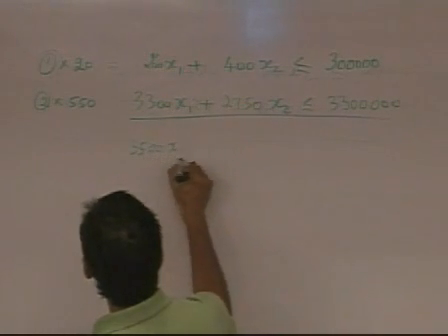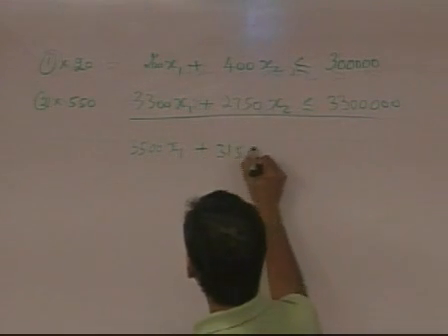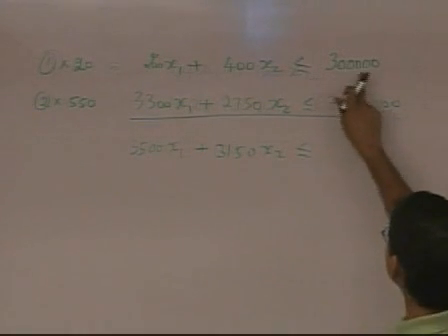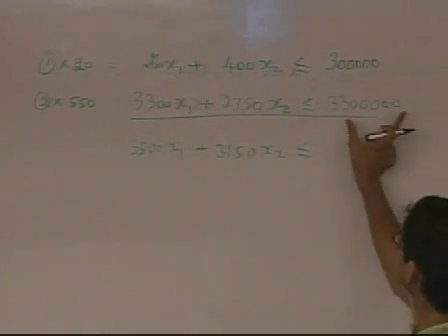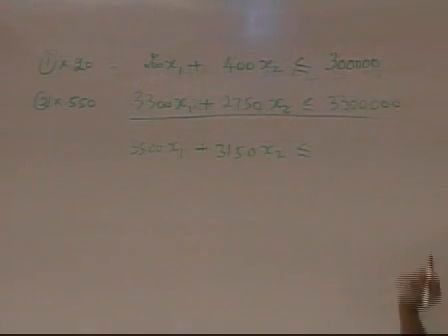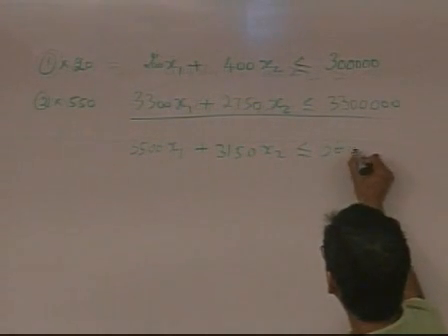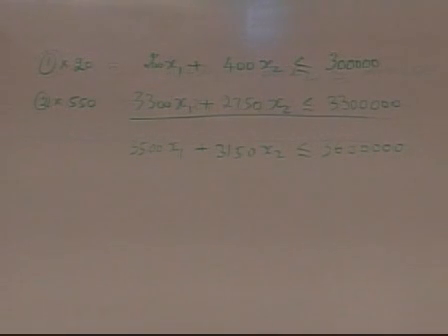When I do, I get 3,500 x1 plus 3,150 x2 is at most 3,600,000. Okay.